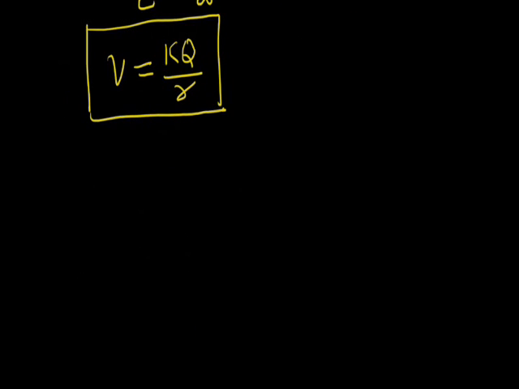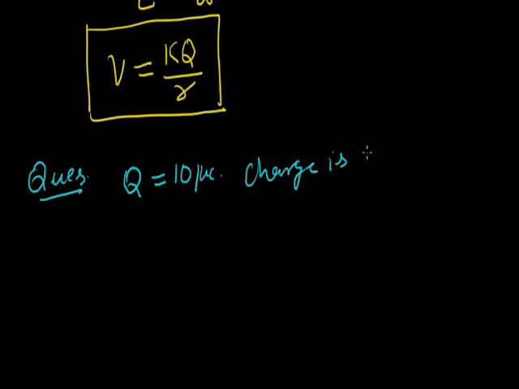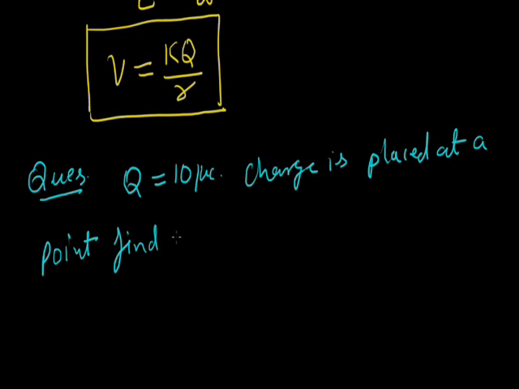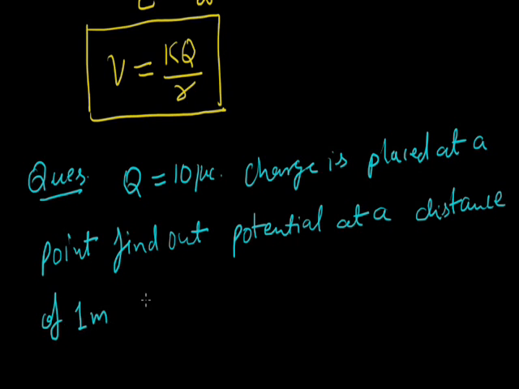We'll do a question using this formula. The question is: capital Q is 10 microcoulomb. We have to find out the potential. A 10 microcoulomb charge is placed at a point. Find out the potential at a distance of 1 meter from the charge.